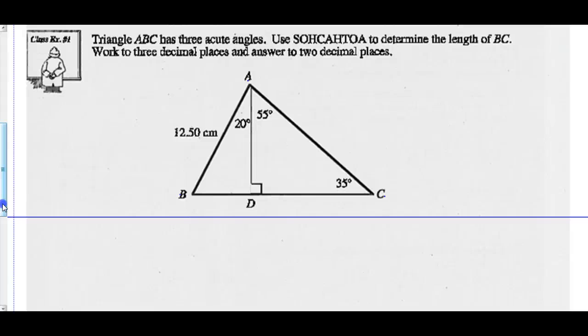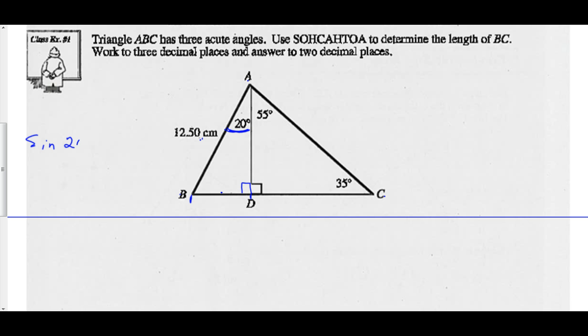Step 1, let's find the length of BD from B to D. If this angle is a right angle, then we've got our two right angle triangles, ABD and ADC. The trig ratio that starts at 20 degrees and uses opposite and hypotenuse is the sine ratio.